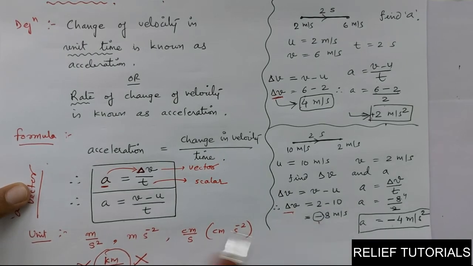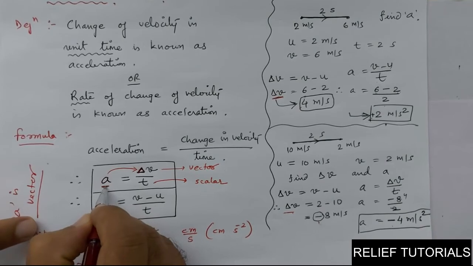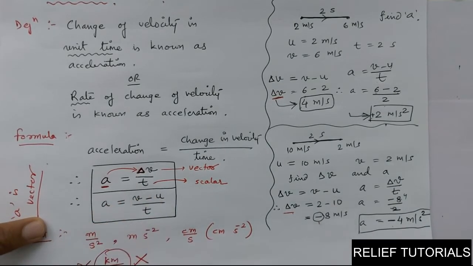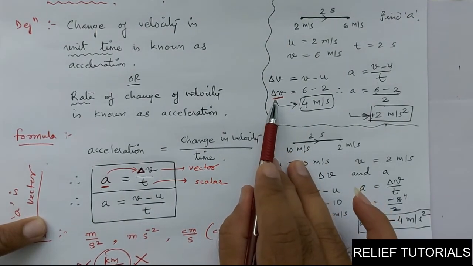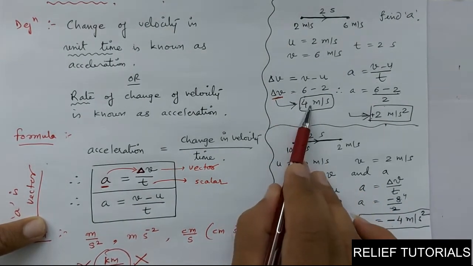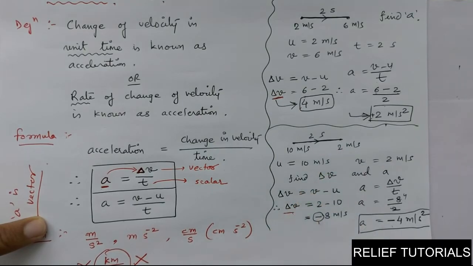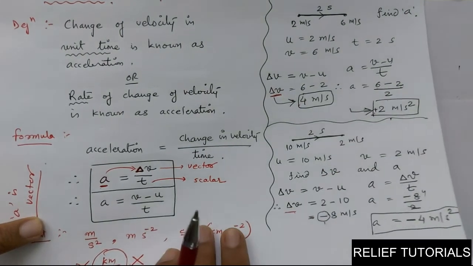Let me remind you, the direction of acceleration depends on delta V, not V. Change is important. So whatever sign, whatever direction you obtain for delta V, the same direction, the same sign you will obtain for A.